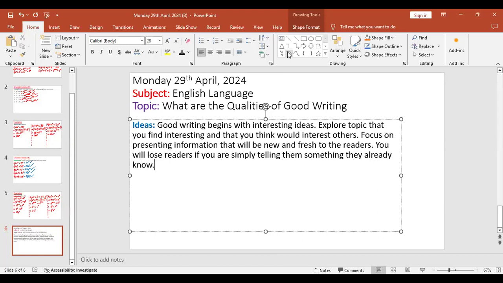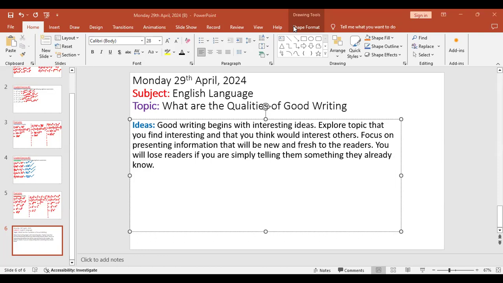So you want to make sure that the ideas that you present inside your essay are relevant, strong, sound, fresh, and unique, and that they express what you're trying to say in a concrete way, right?